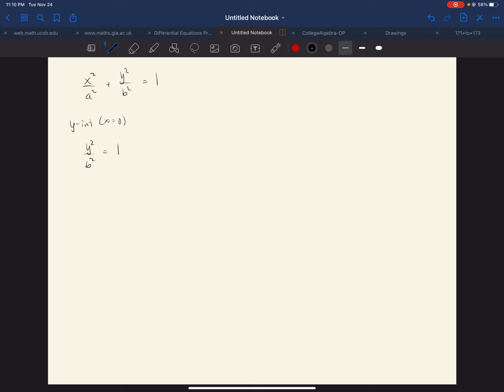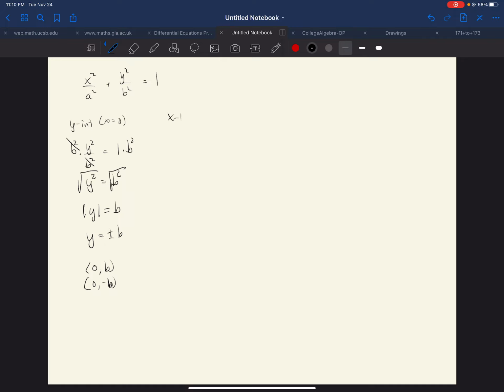If I multiply both sides by b squared, those cancel. I get y squared is b squared. Square rooting both sides, absolute value of y is b, so y is plus or minus b. Now notice x was 0, so I got 0 comma b and 0 comma negative b right there.